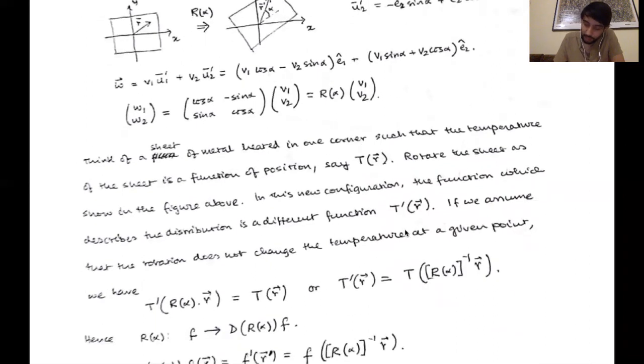So if there is a marked point, the distribution of temperature that you had for the sheet, which to start off with was T of r, now becomes T primed of r.